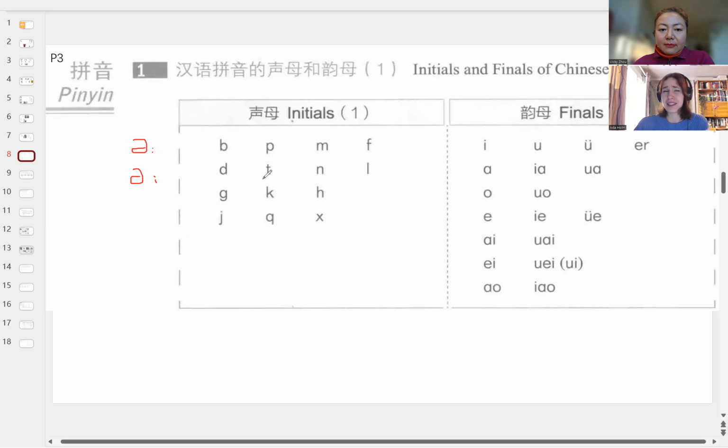And t, n, l, g. 对的。This part we change to this one. j, 对的，鸡. q, 对的，七.